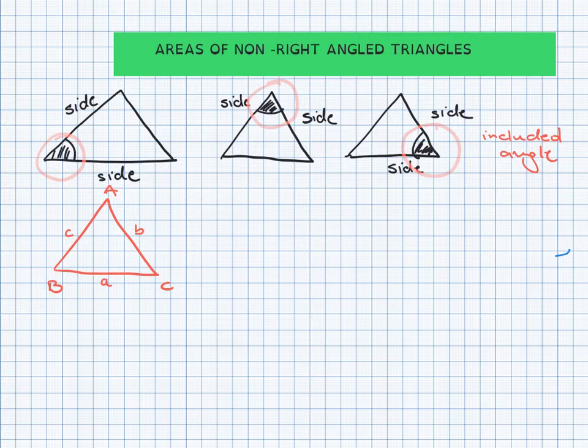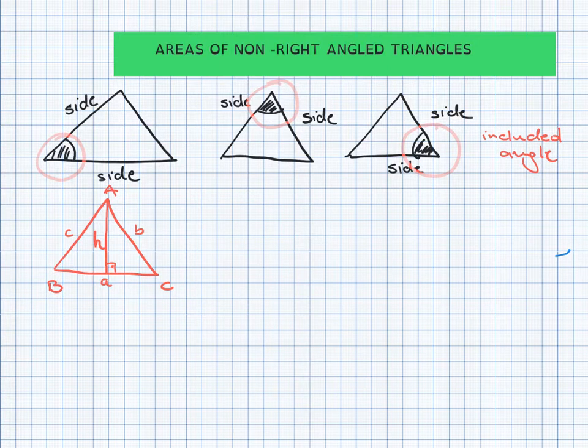Now if we construct an altitude from A to the base, which is perpendicular to side a, we're going to call this line the height. So this is the height.